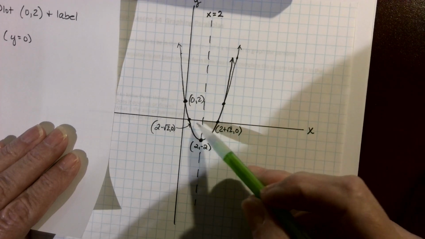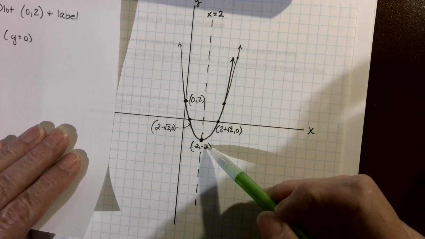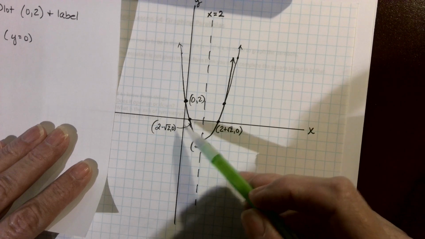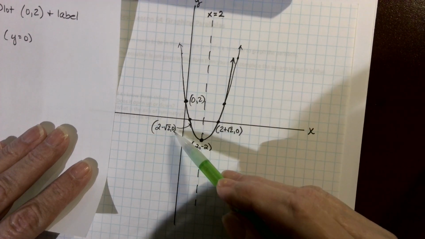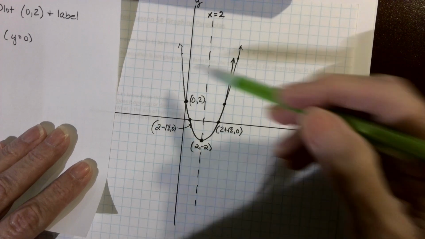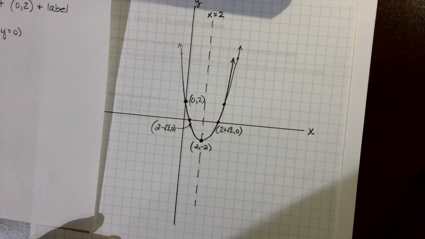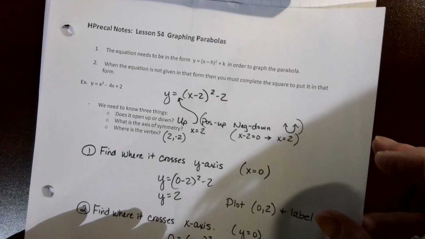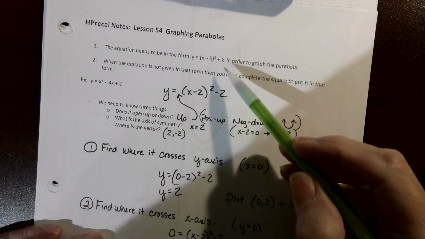And 2 minus 1.4 is about a half, so I plotted there at a half. But now don't use those estimates. Use the actual numbers like this to label your point. And then you just draw your parabola. So the key is that it's got to be in that right form. This is called the graphing form, in order to graph it.